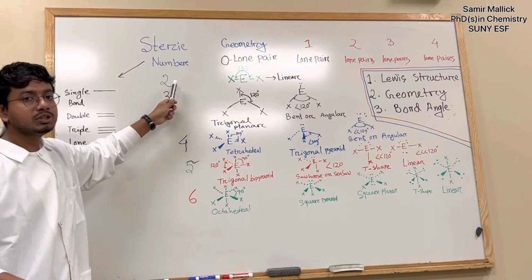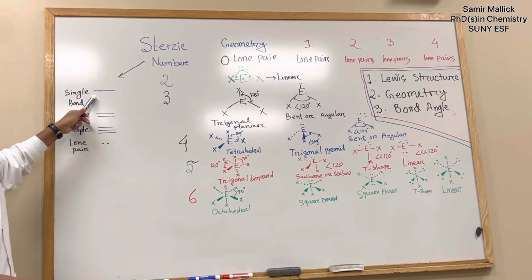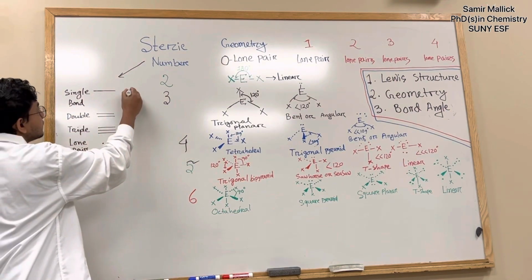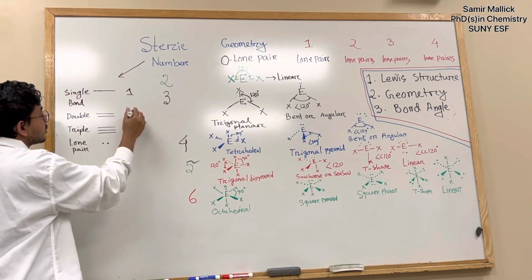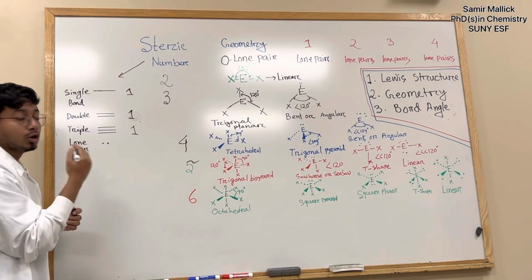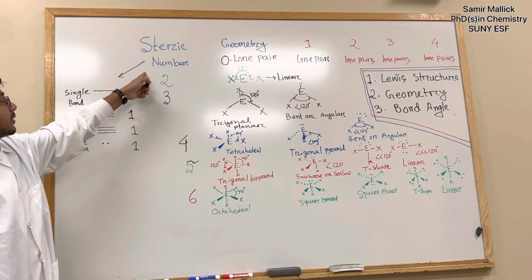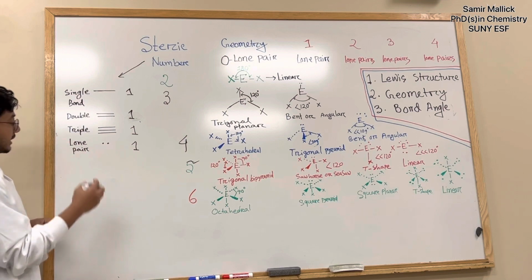To determine the steric number, you need to know that a single bond counts as 1, a double bond also counts as 1, a triple bond also counts as 1, and a lone pair also counts as 1. Let me give you an example.